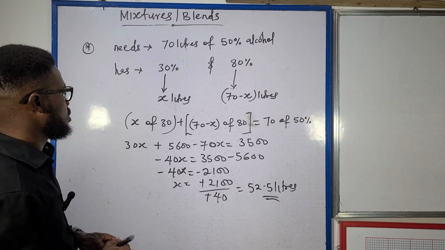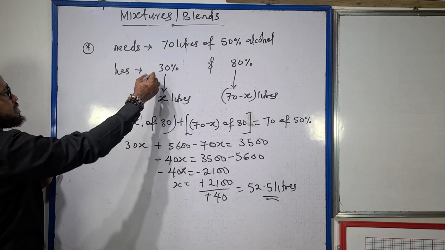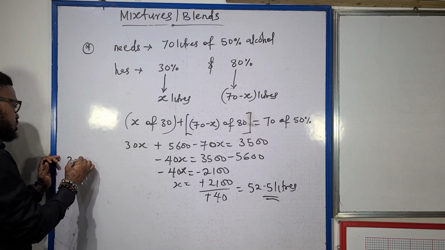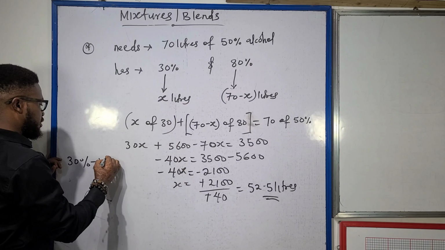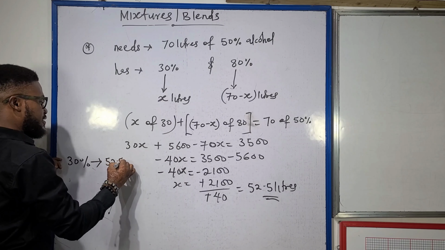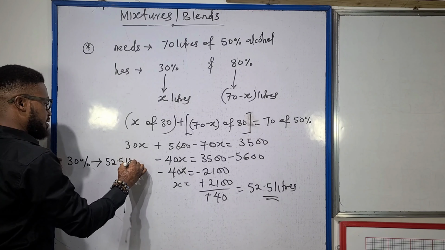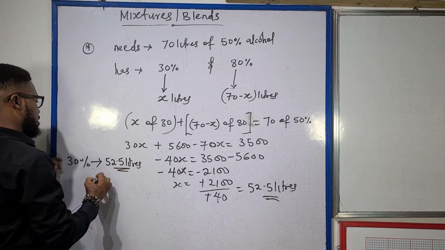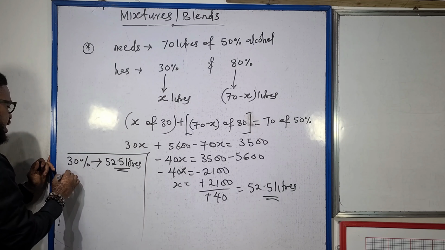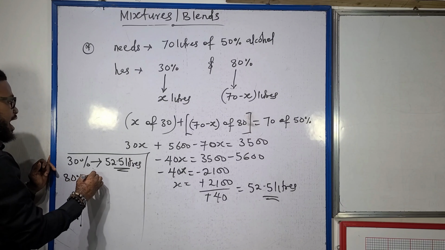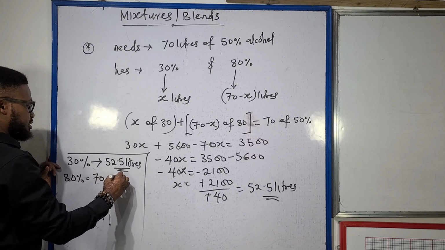liters. For the 30% solution, I need x, which is 52.5 liters. Now, for the 80% solution, I need 70 minus x.